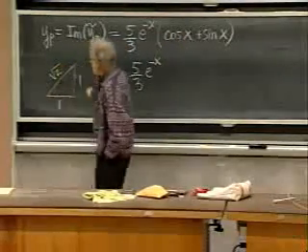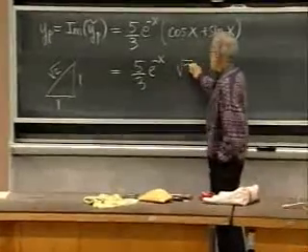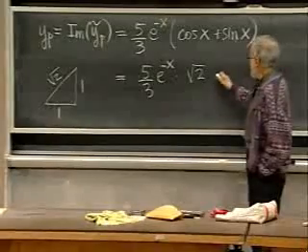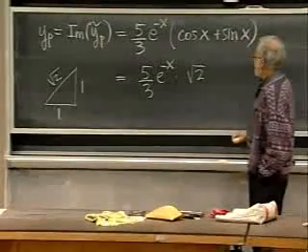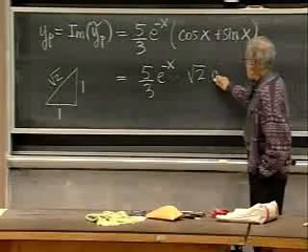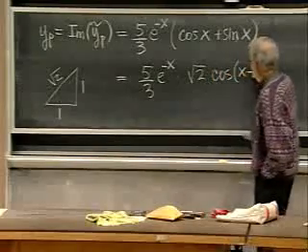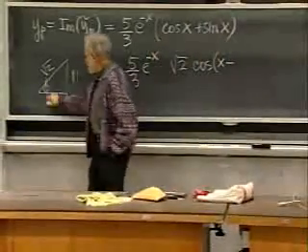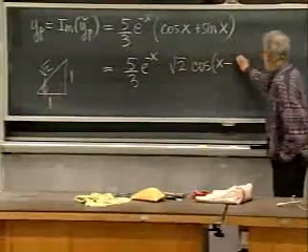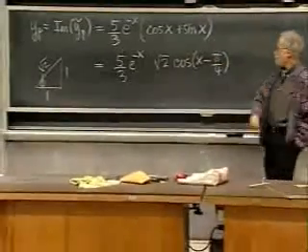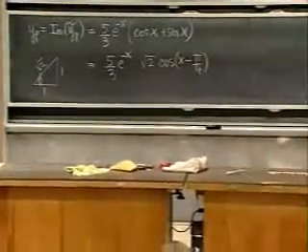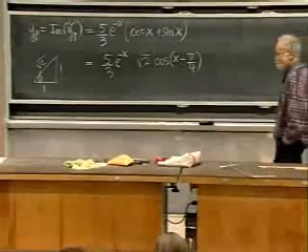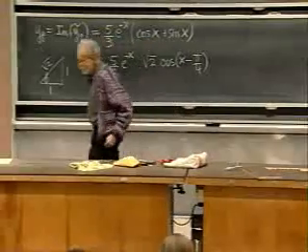So this is the square root of 2, times cosine of x minus the angle. This is the phi, so that's pi over 4, minus pi over 4. Okay?